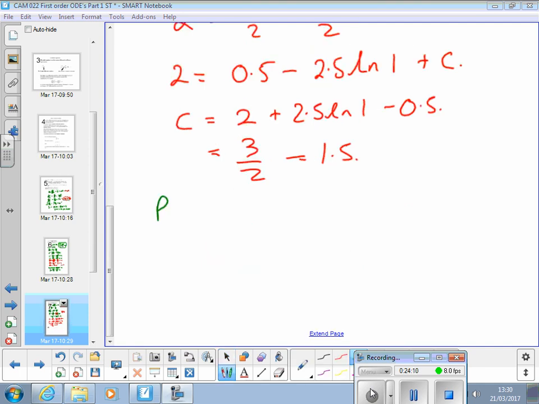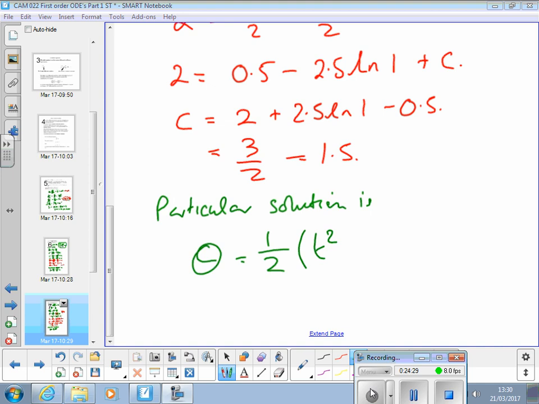So, particular solution is theta equals a half t squared minus 5 ln t over 2, isn't it? Oh, hang on. I see what he's done. He's written it out and then simplified it. So let's write it out.